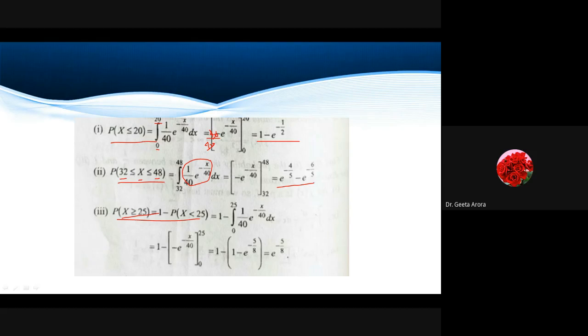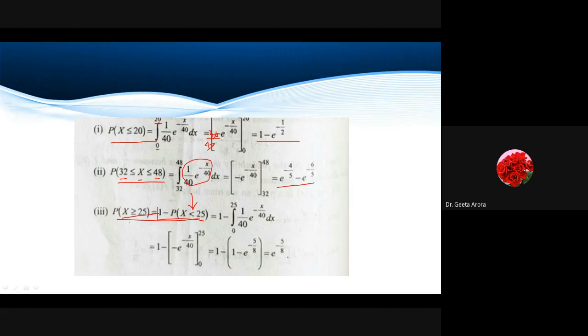But we can't go from 25 to infinity. It's not feasible. So what we can do is take the complement. The complement is 1 minus the probability of x less than 25. In the last lecture also we did this type of example. The complement we can calculate, and from there we can write down the final answer.